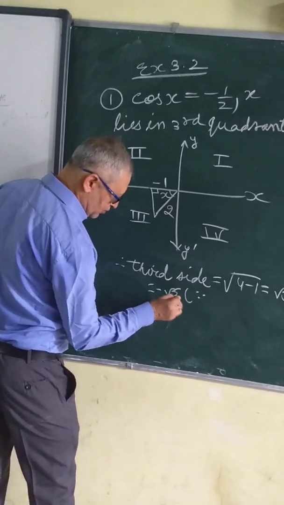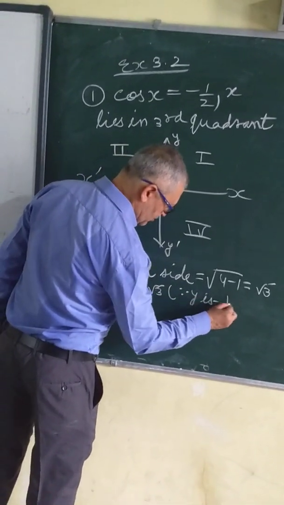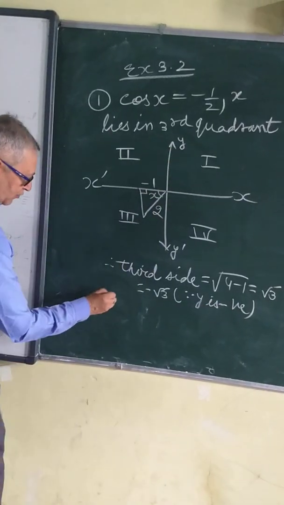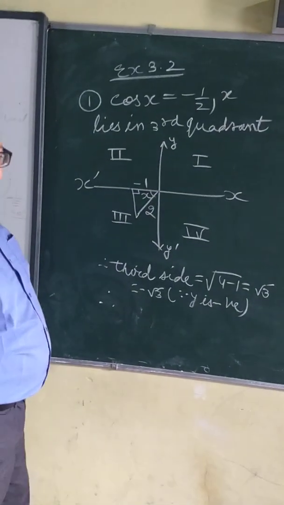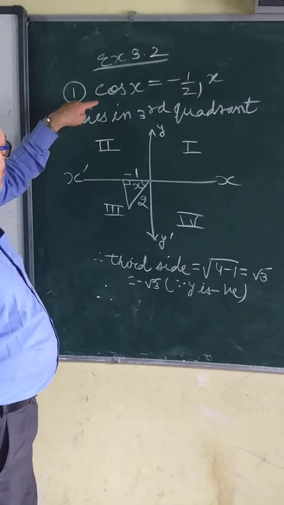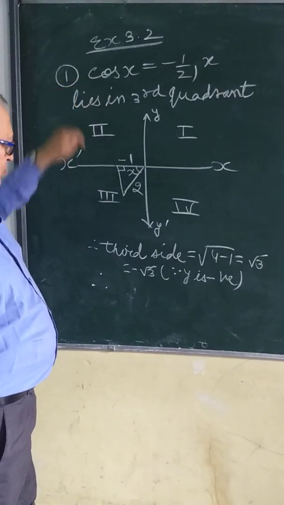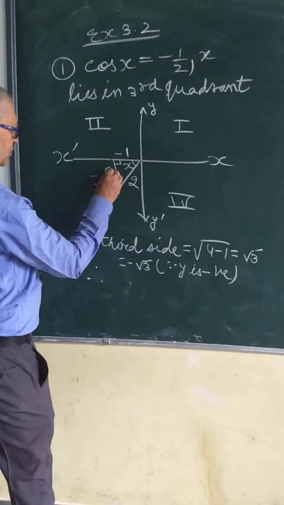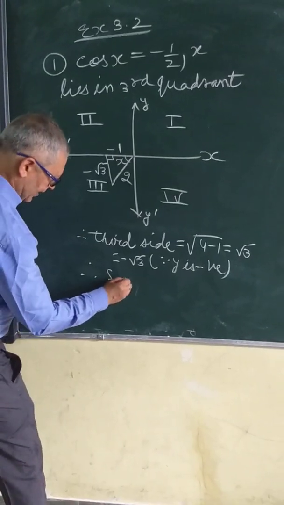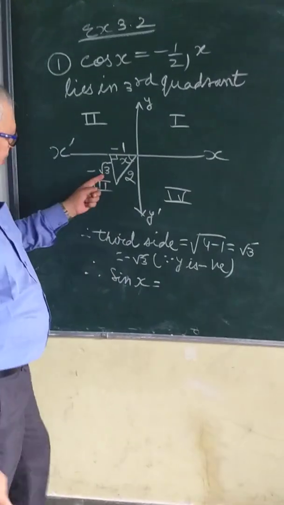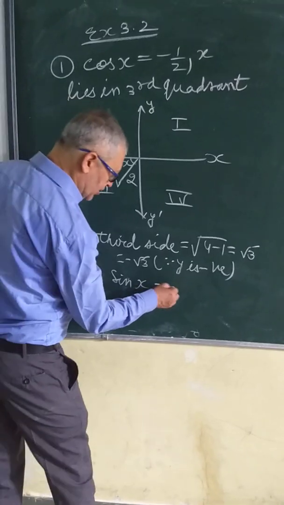Since y is negative. So therefore we have to find value of other trigonometric functions. Cos x is given. So therefore putting here minus root 3, sin x is equal to perpendicular by hypotenuse. This means minus root 3 by 2.